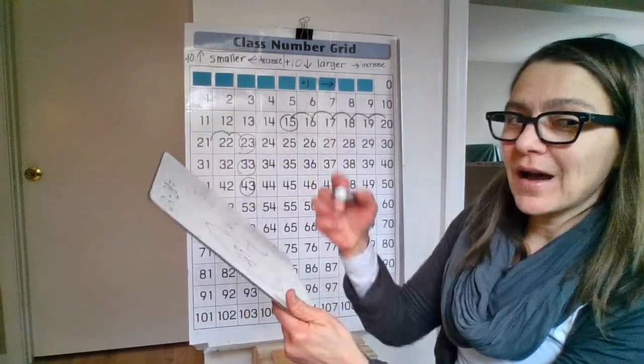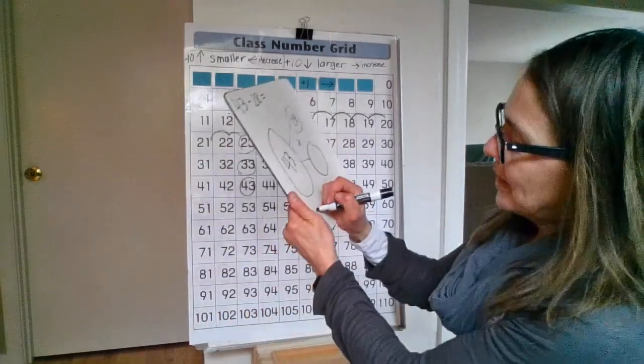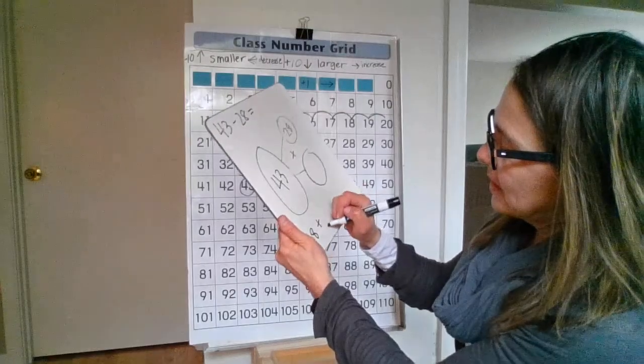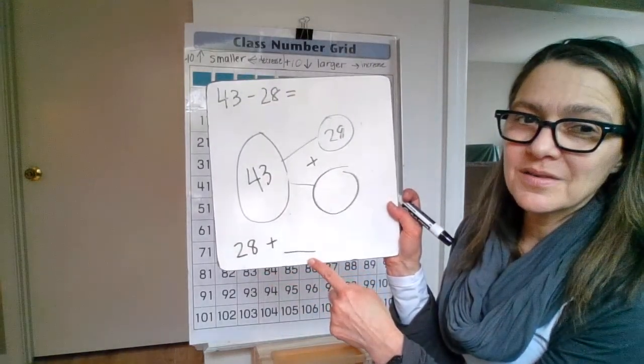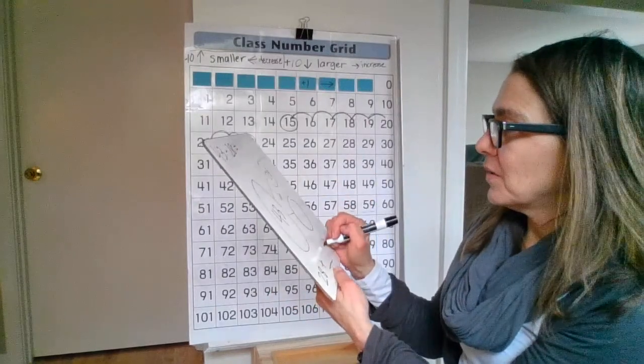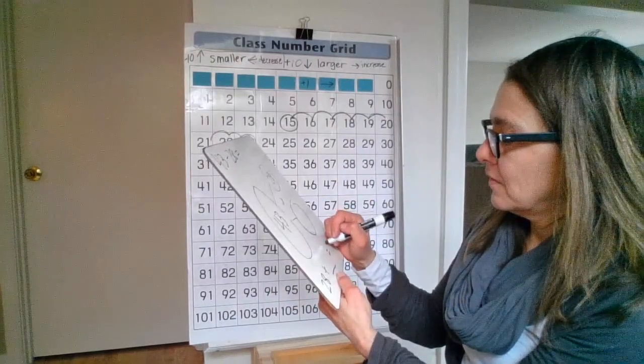So let's go ahead and do that. 28 plus the unknown, we don't know what it is, will equal 43. So we're solving for that.